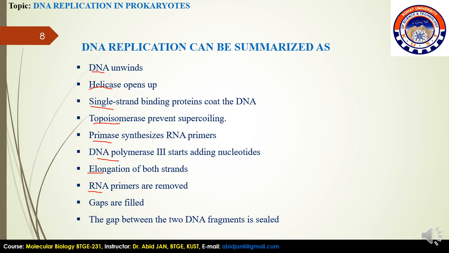RNA primers are removed by exonuclease activity of DNA polymerase. Gaps are filled by DNA polymerase I by adding DNA nucleotides, dNTPs. And finally, the gap between the two DNA fragments is sealed by the enzyme DNA ligase, which helps in formation of phosphodiester bonds.